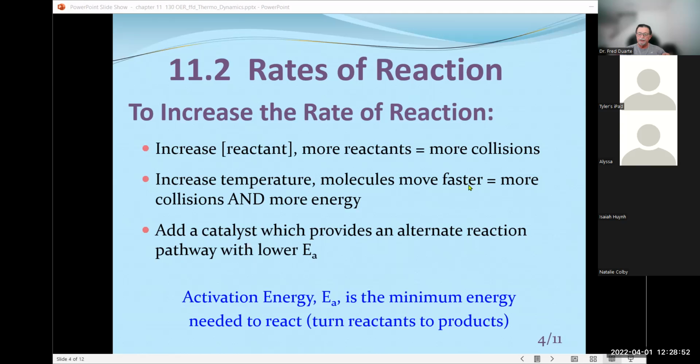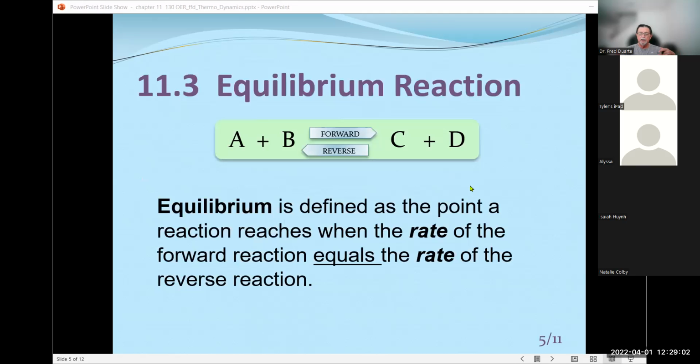so as I stated, the energy of activation is the minimum amount of energy needed to react, that is, to turn reactants to products, okay? We also have equilibrium reactions, and we introduced this concept when we were talking about weak acids and weak bases. Normally, if it was a strong acid or strong base, it dissociated 100%, and we had a reaction arrow that was only one way.